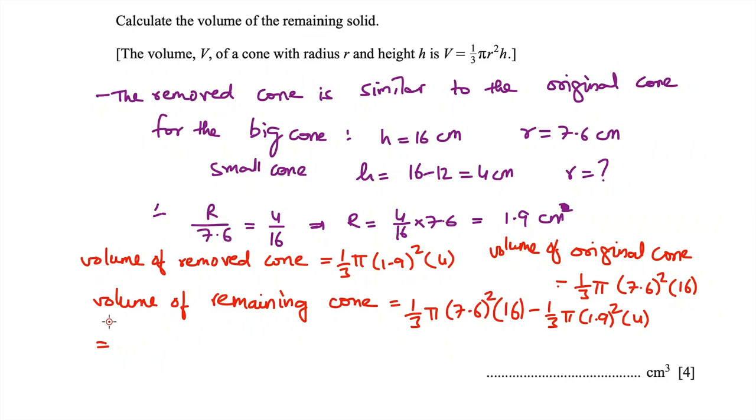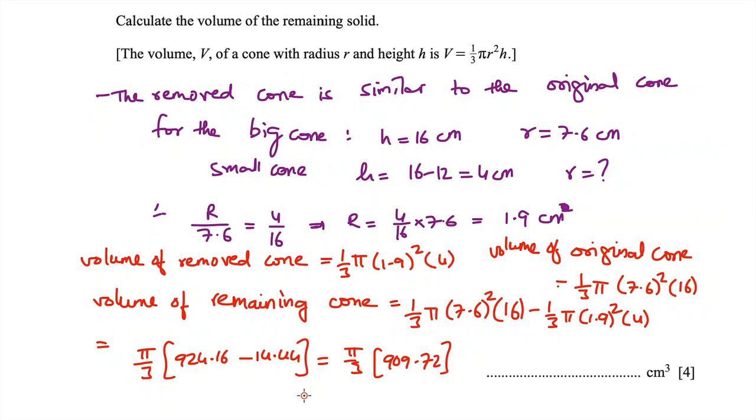So this will be equal to pi by 3 into, pi by 3 is common for both, 7.6 whole square into 16 is equal to 924.16 minus 1.9 whole square into 4 is 14.44. So this is equal to pi by 3 into 924.16 minus 14.44, which is 909.72.